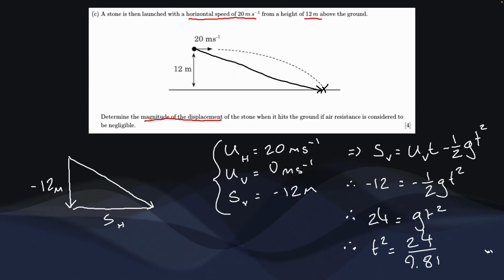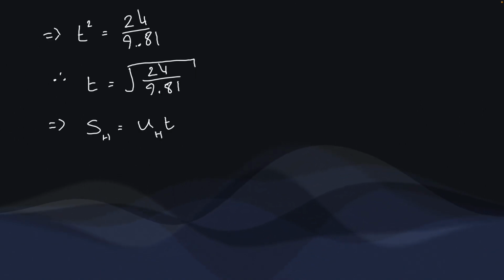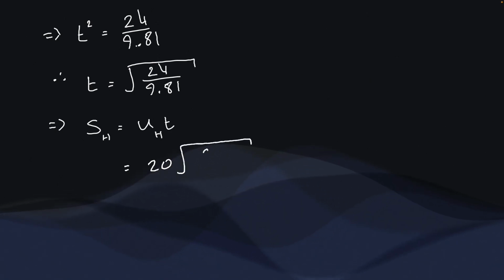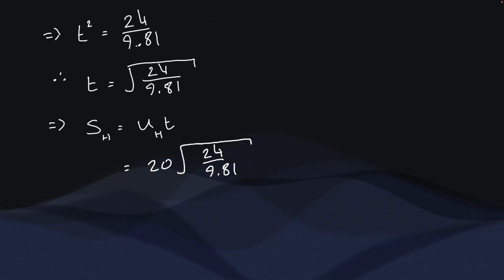U of H is 20 meters per second, and we now know T. So that is equal to 20 multiplied by the square root of 24 over 9.81. Now, let me go on my calculator real quick.